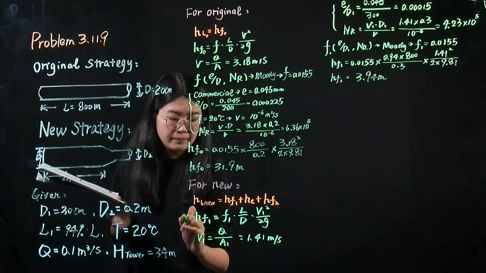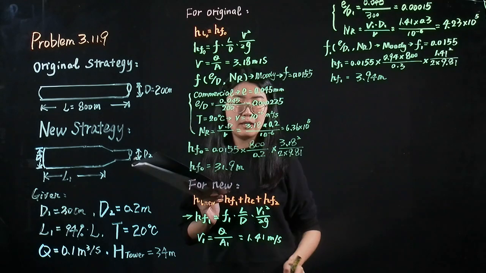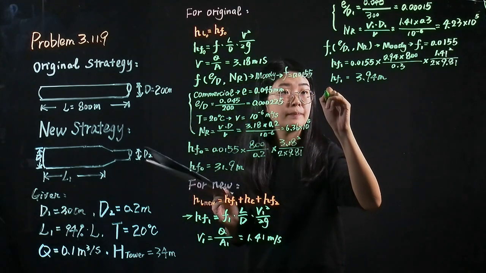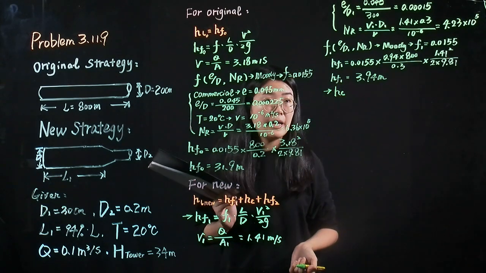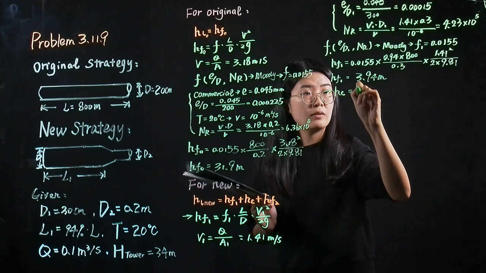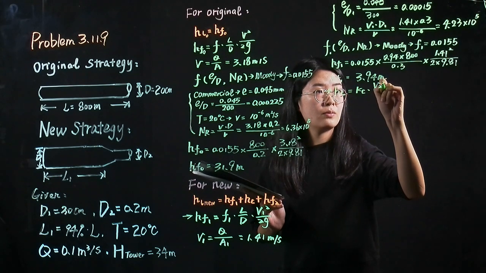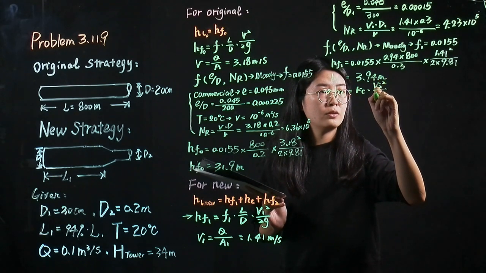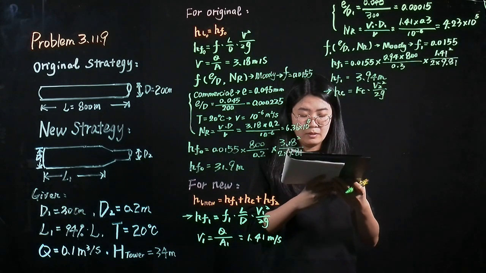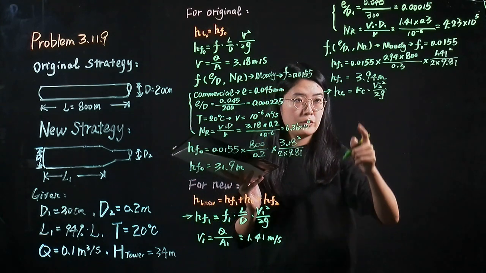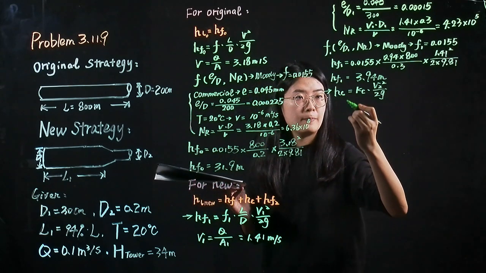We already know HF1 here. So the next step is to calculate HC. HC is equal to the coefficient times V2 squared over 2G. To determine HC, we need to know the ratio of A2 and A1.